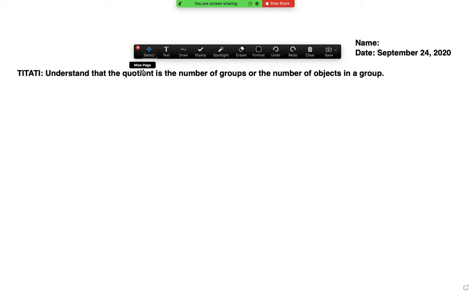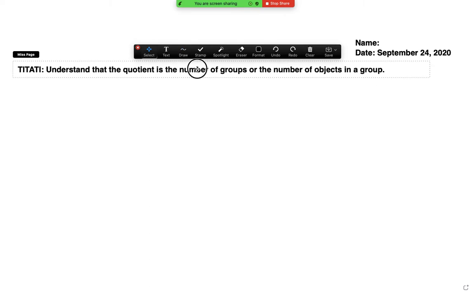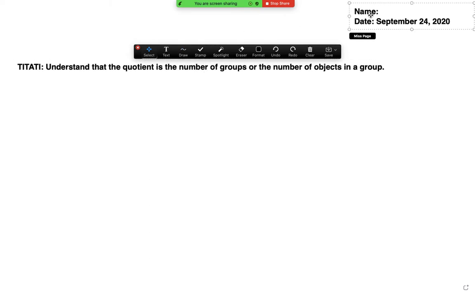That is what the quotient is. And that can even be our key vocabulary. It's not going to be for today, but it is a key vocabulary that we do need to know.